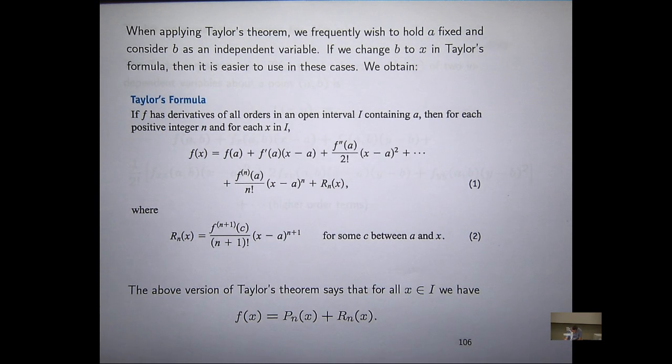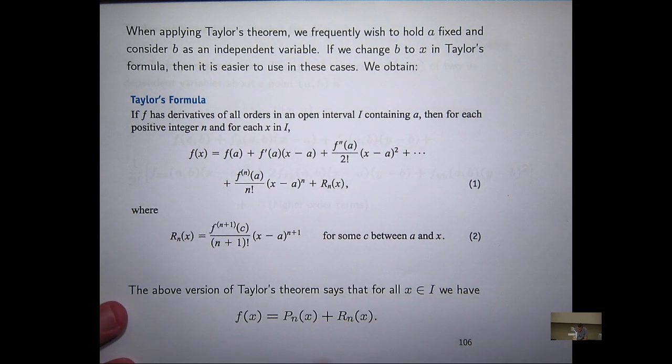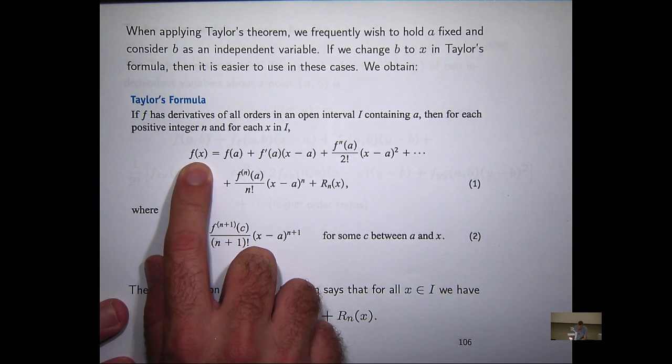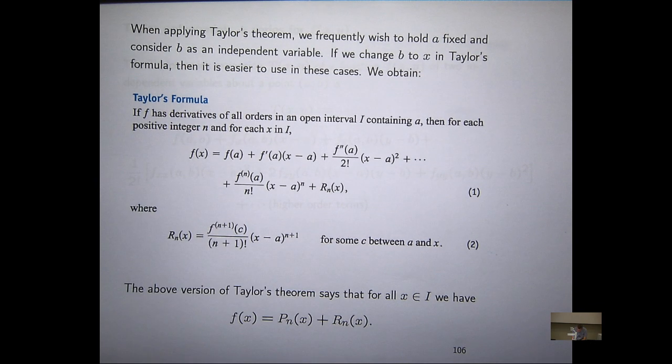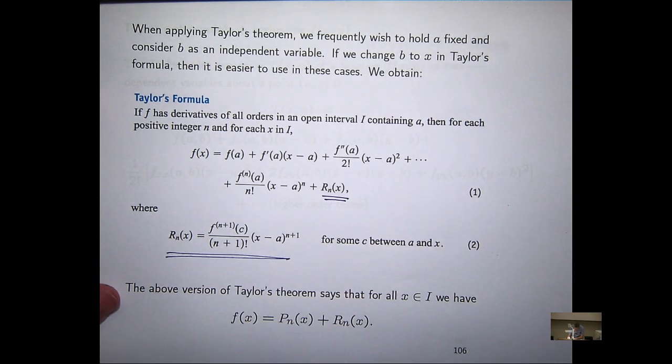Now, this is probably something that you're slightly more familiar with from first year. Essentially, what this slide says is that under certain conditions, a function that has enough derivatives is equal to its Taylor polynomial plus a remainder. And the remainder is denoted by this, and I guess here it is in its full form.